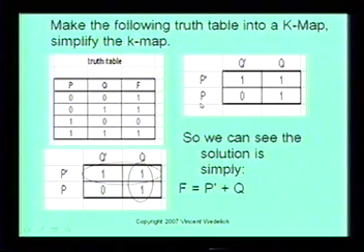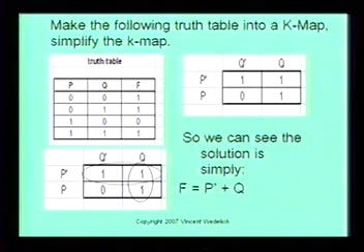If P is true and Q is not true, then the result is a 0, so we put a 0 here. And then if P and Q are true, we get a 1. So that's our table.